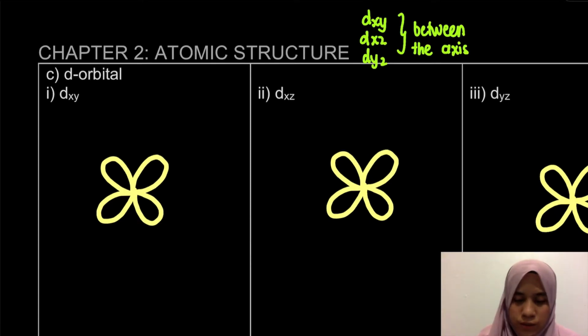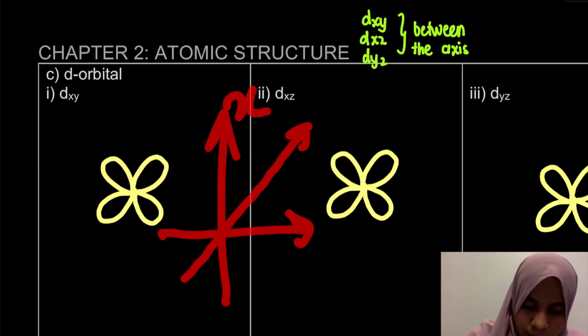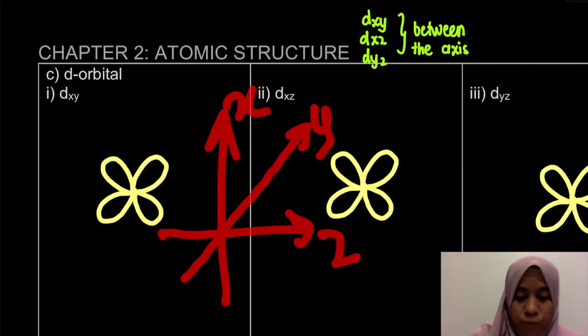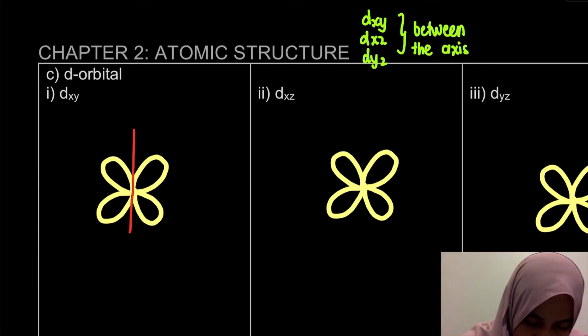For example, this is dxy. You still remember from previously, our axes are like this: x, y, z, it doesn't matter. Right now, I'm going to draw the axes between the lobes.